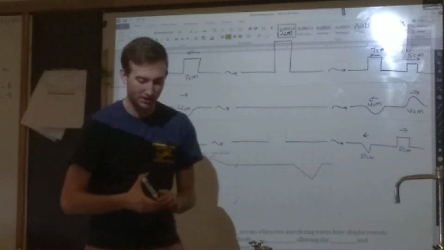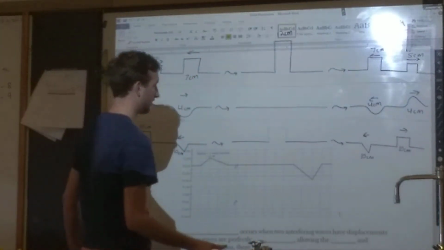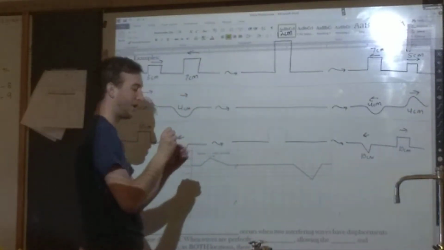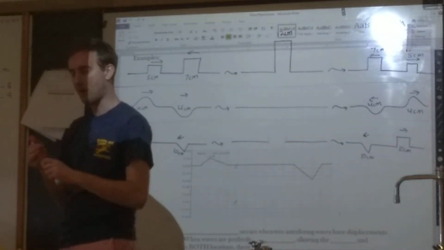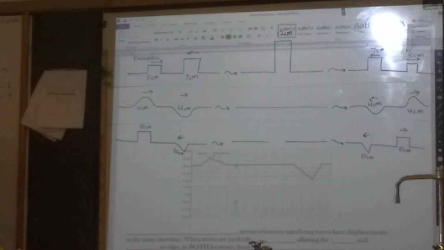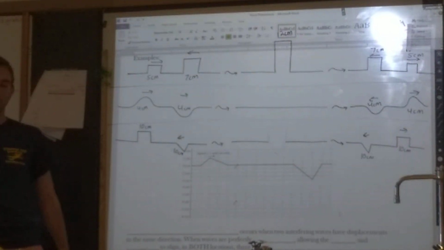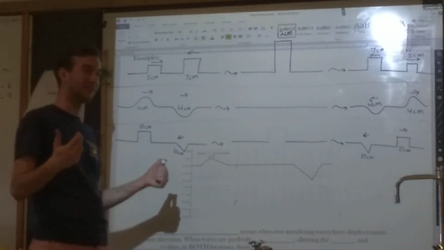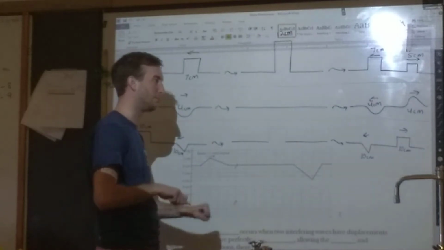And here's where the triangle would be. So I said earlier that the way to figure out how high the wave would be is to just add the displacements. You can do that not only if you have two waves that look similar, but also if you have two shapes that look dissimilar, if you just do it at every single point.